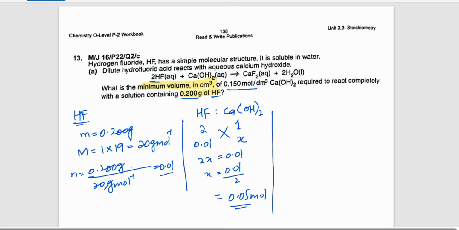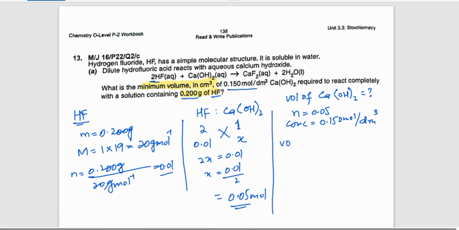So now you can see that we have to actually find the volume of the calcium hydroxide. To find the volume, we need to know its moles. The number of moles is given, 0.005. We need to know its concentration. The concentration is given as 0.150 mole per dm³.